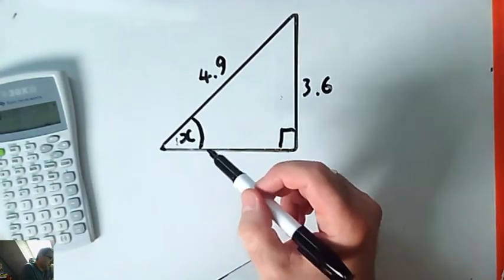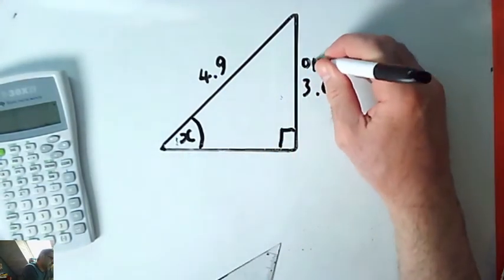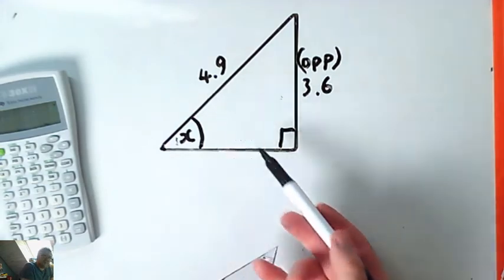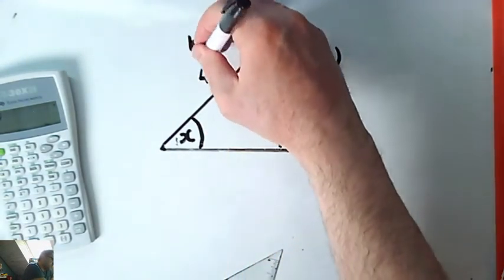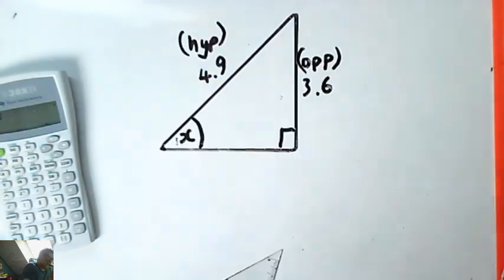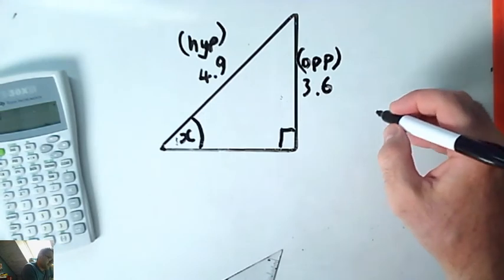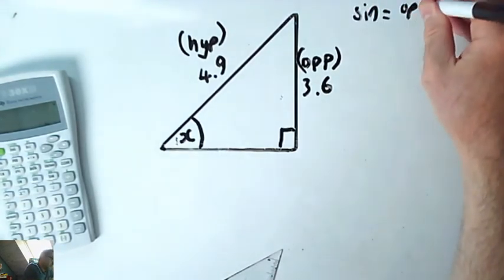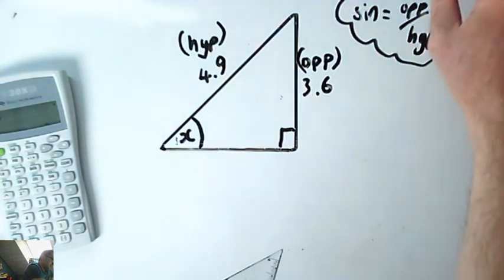Okay, the next one had an x down here, so the 3.6 is opposite the x, it's the opposite. The 4.9 is across from the 90-degree angle, so the 4.9 is the longest side, it's the hypotenuse. So we've got opposite and hypotenuse. That's sine. Sine equals opposite over hypotenuse.